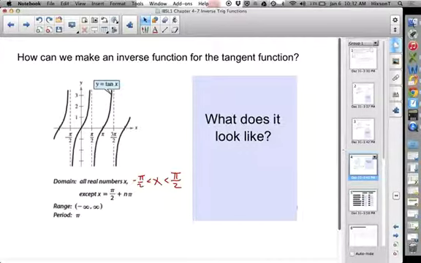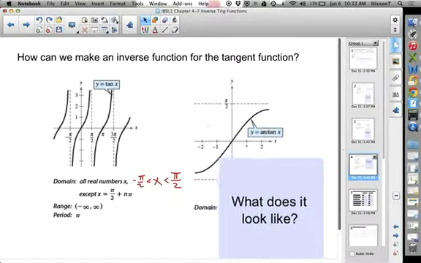And what would the range of the arctangent be? Would it still be infinity? No, because if you keep going up, you'll hit another tangent. You could do like negative pi over 2 to pi over 2. Yeah. Remember, the domain and the range just switch when you do an inverse function.